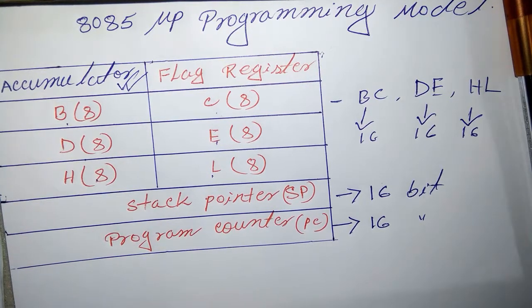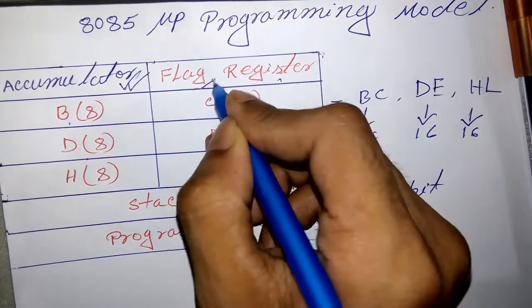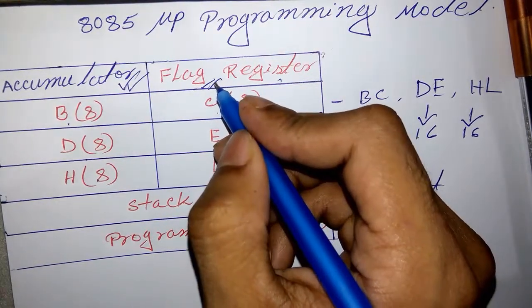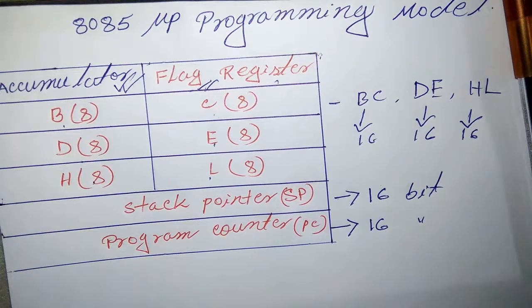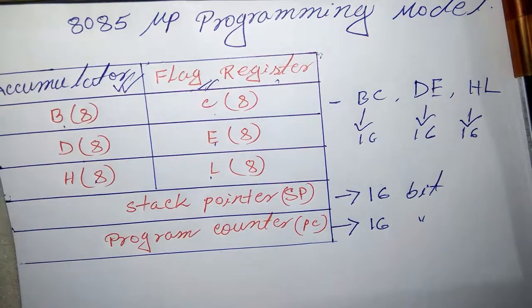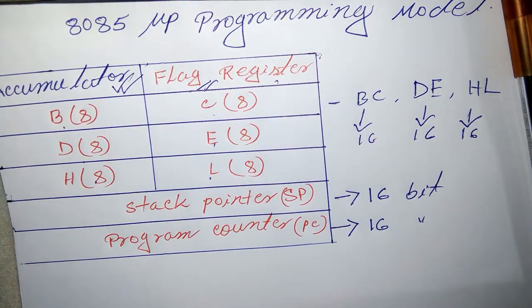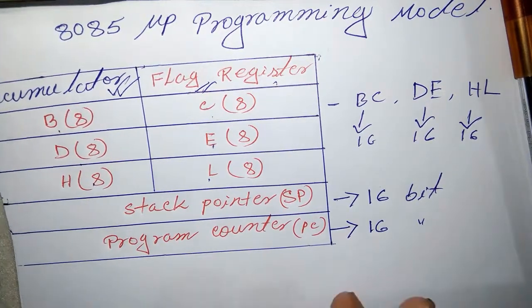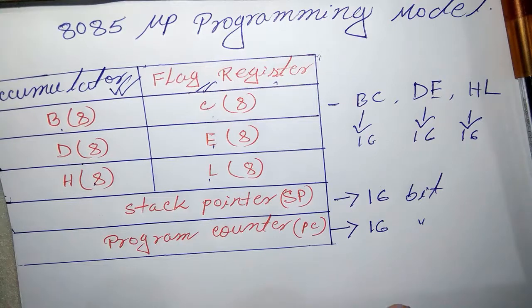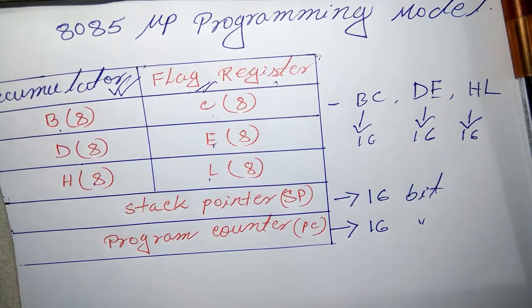Next, I discuss the flag register. The ALU, or arithmetic logic unit, includes 5 flip-flops, which are set or reset after an operation according to data conditions of the result in the accumulator and other registers.